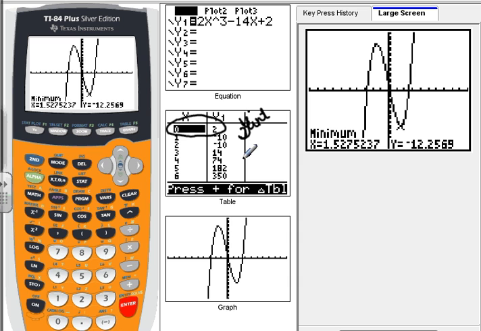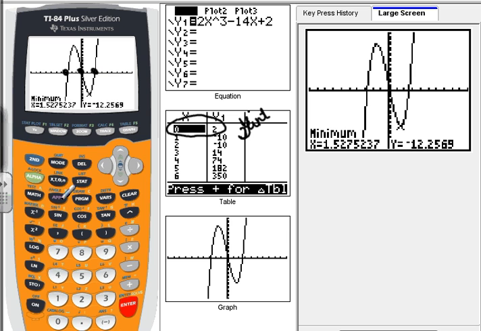And then to find the x-intercepts, those are located where the graph intersects the x-axis, we want to find what those values are on our calculator. To find them exactly, you can use a function called the zeros function.